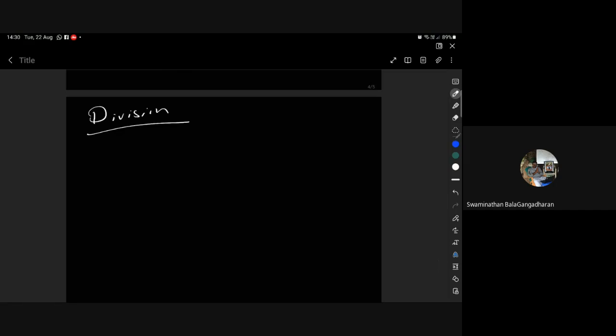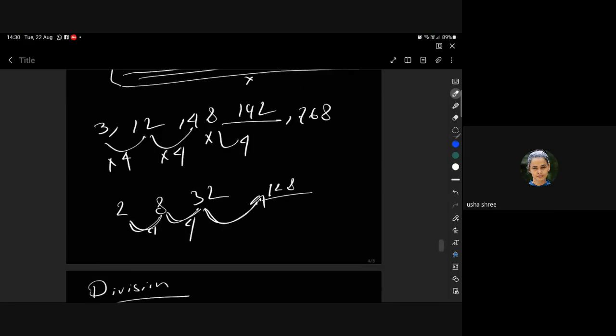I'll give you homework. Are we allowed calculators in the exam? They will give you rough paper. So using the paper and pen, you have to calculate. No digital calculator like in computer, nothing will be given to you. Only pen and paper will be given to you. And very simple mathematics they will ask.